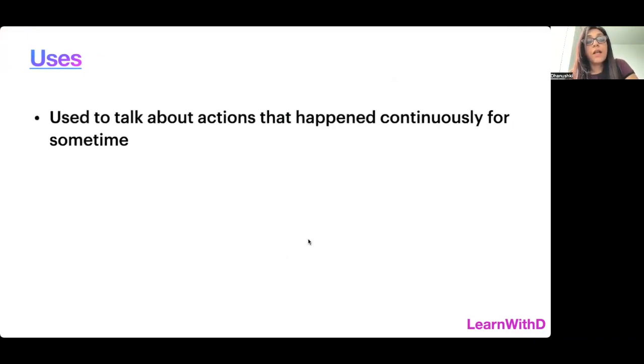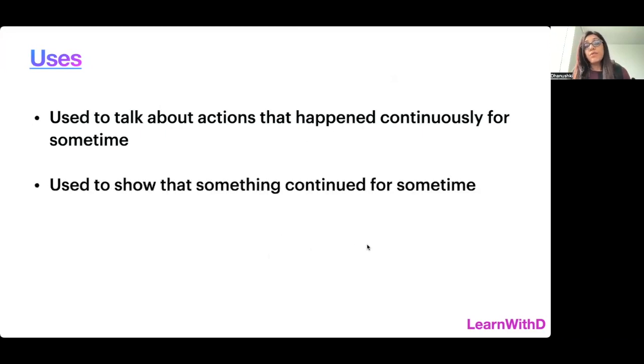So, the uses. When do we use the past continuous? First one, used to talk about actions that have happened continuously for some time. So, actions in the past that have happened continuously. Then we use the past continuous to show that something continued for a period of time in the past.